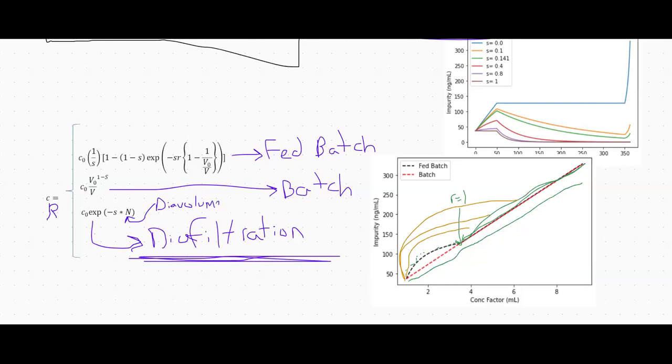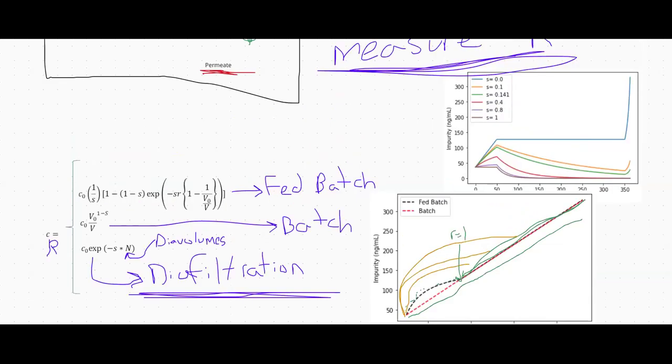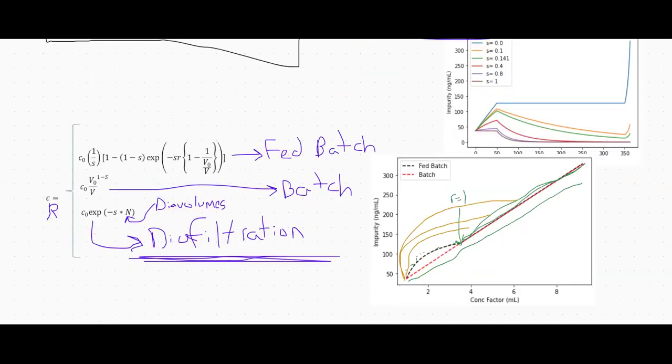So all of this to say, when I'm trying to measure sieving and I'm only measuring the retentate concentration, I will use these mass balances that we've just discussed to model what the concentration in the retentate should be. Okay.